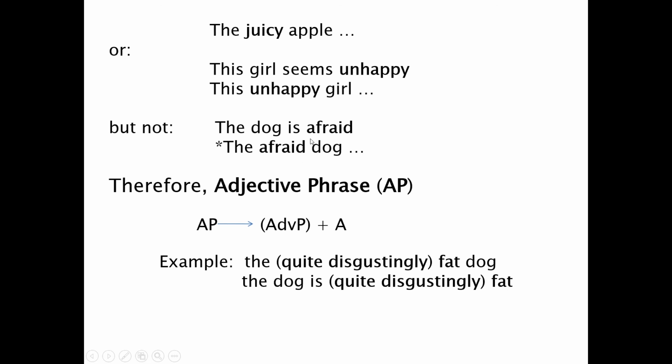"The afraid dog" is wrong because the adjective afraid is predicative. It must come after a linking verb, okay? Therefore, we have adjective phrases consisting of an adverb phrase plus an adjective, okay? Example: the quite disgustingly fat dog.